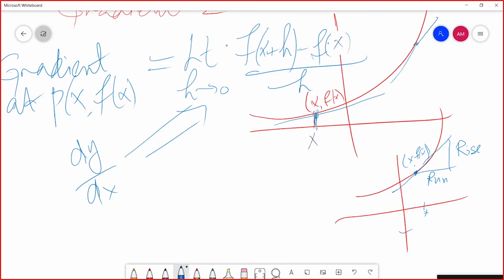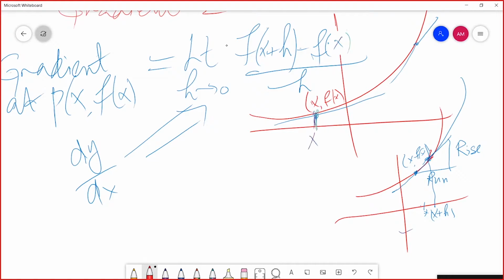Because this is x, and if we put here, this is x plus h. So the rise is f(x + h) minus f(x), because this point I took in another color and moved a little away.